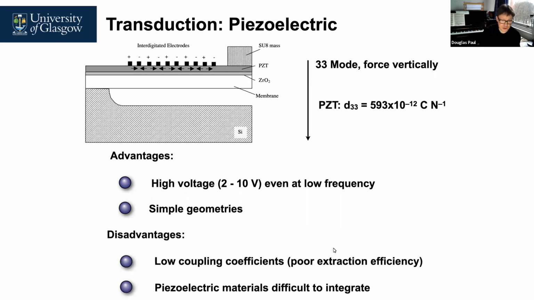But again, it's got low coupling coefficients, there's poor extraction efficiency. The other thing is that almost all piezoelectric materials use toxic or dangerous materials, and they're typically very difficult to integrate into MEMS foundries and mass manufacture cheaply and safely. So actually, with vibrational systems, there isn't a perfect transduction mechanism that works for all applications.